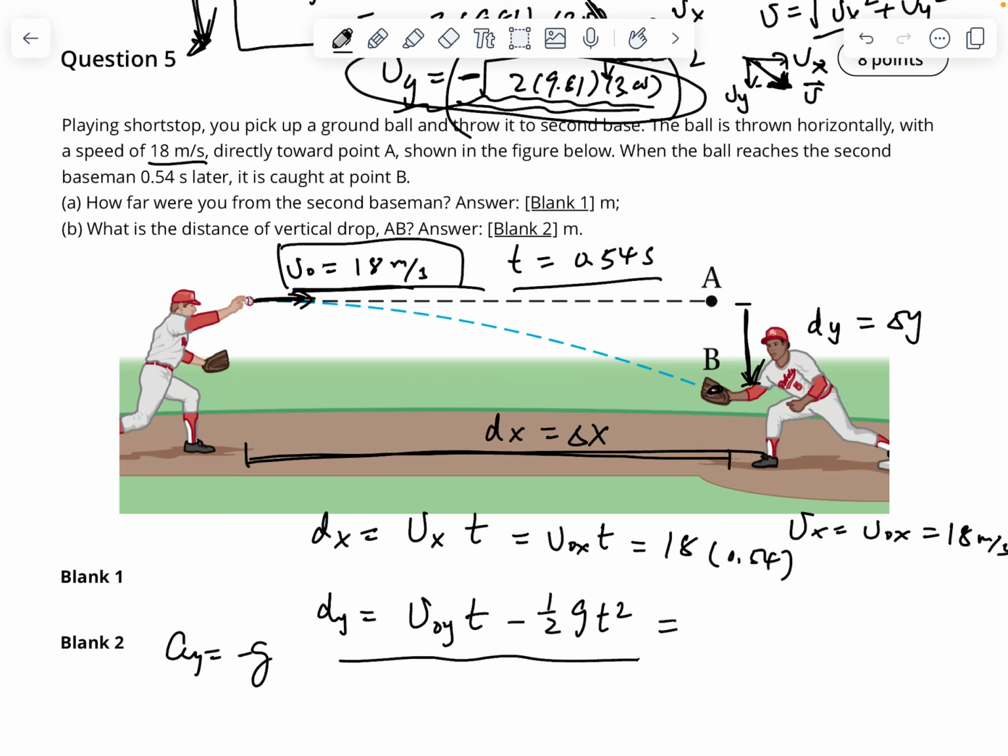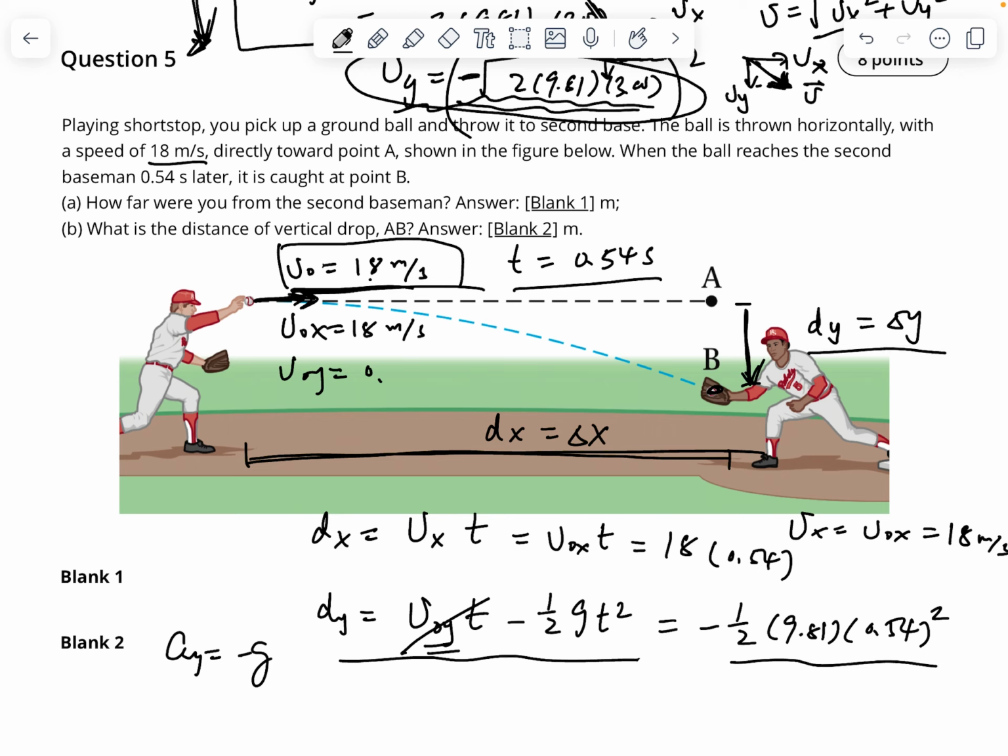Here v naught y is 0, because this is v naught and v naught x equals 18 meters per second, while v naught y equals 0. So this term is 0, and we have negative half times 9.81 times 0.54 squared. This is dy.